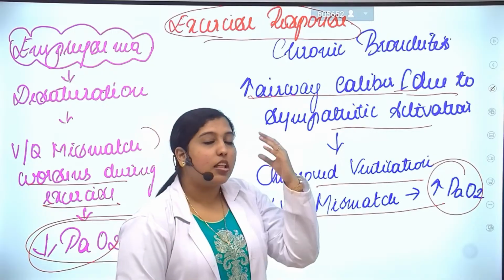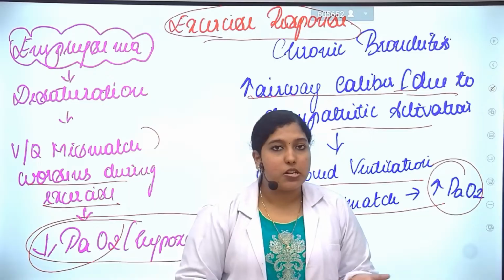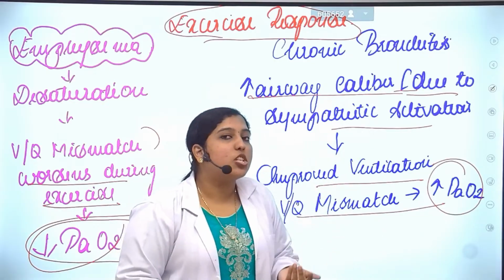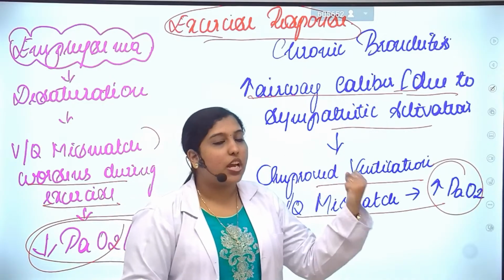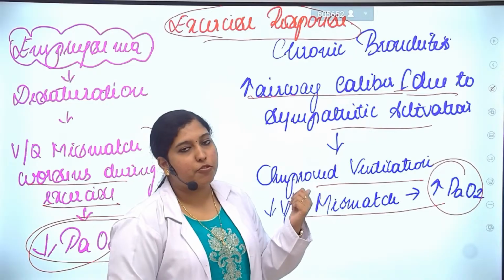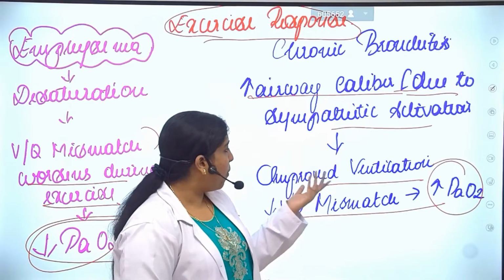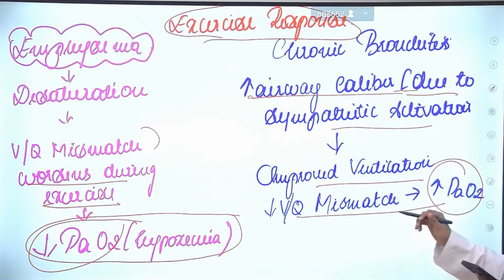Here, this narrowing can be rectified when there is bronchodilation. This bronchodilation will be achieved because of the activation of the sympathetic nervous system when the patient is doing exercise, which in turn causes proper ventilation and perfusion, thereby increasing the PaO2 level.